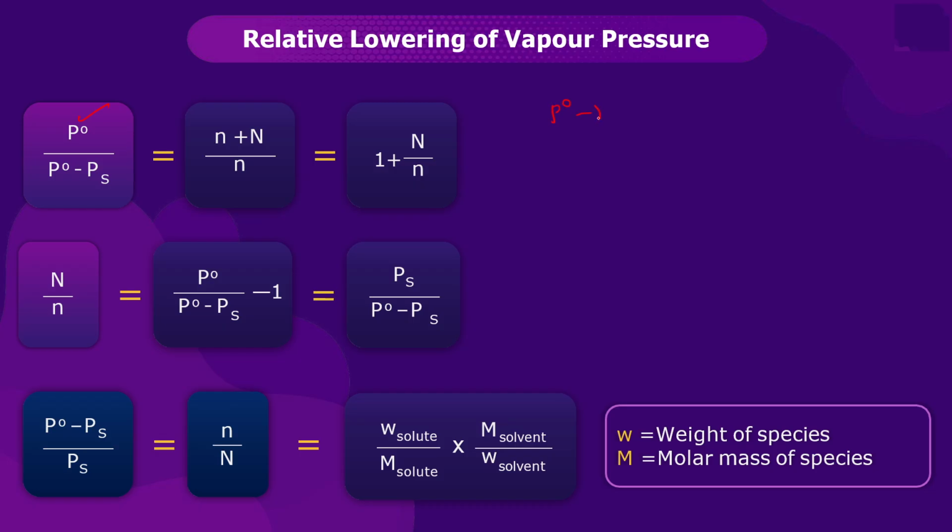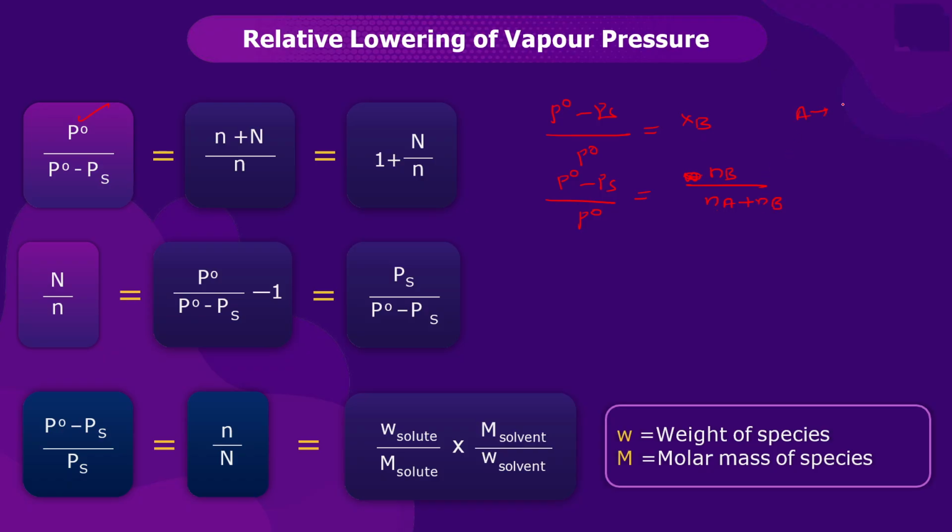P naught minus Ps, delta P we can write like this, upon P naught is equal to mole fraction of the solute. So P naught minus Ps upon P naught is equal to number of moles of solute upon number of moles of solute plus number of moles of solvent.